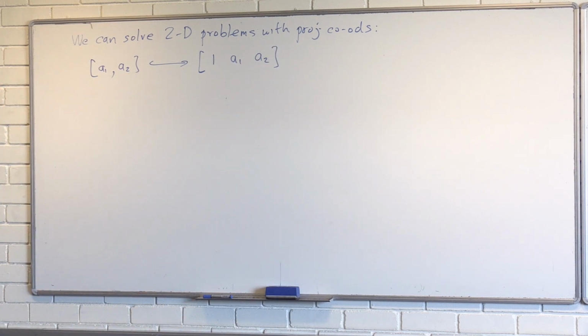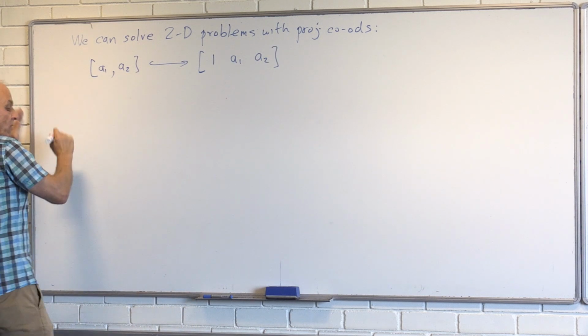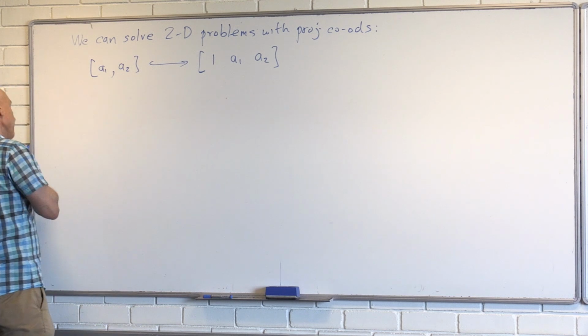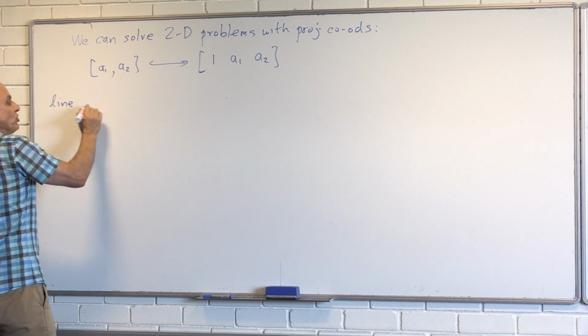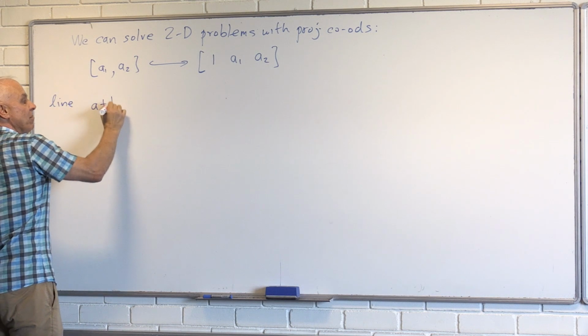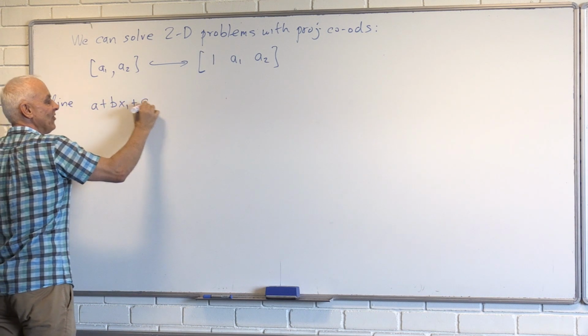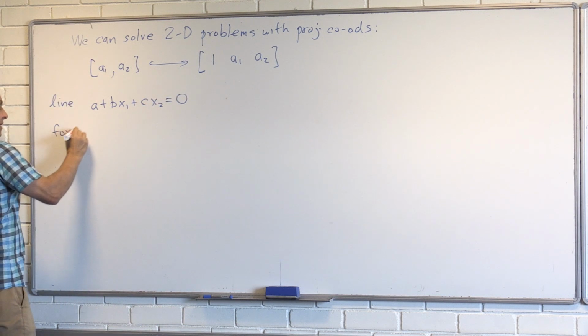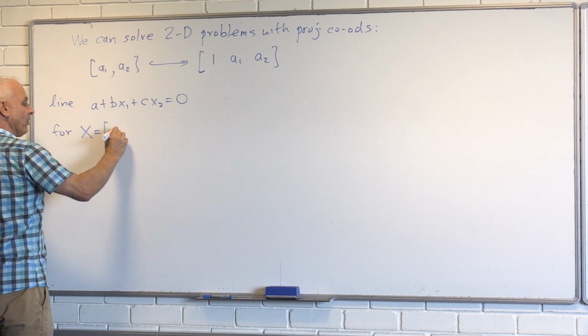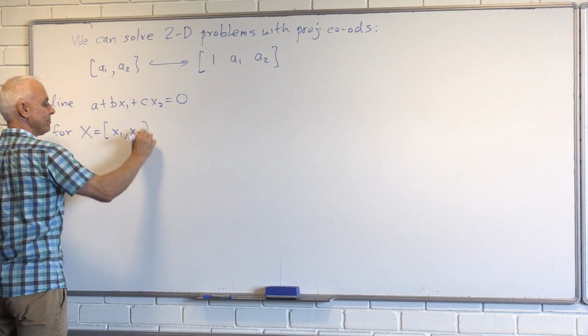Okay? And the other ingredient is that instead of working with a line, suppose we have a line, maybe it has an equation like A plus B x1 plus C x2 equals 0, for some variable point x equals x1, x2.